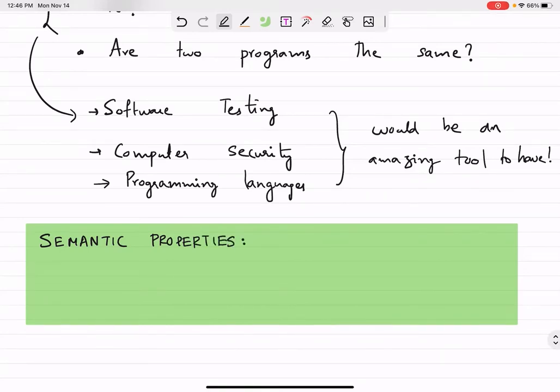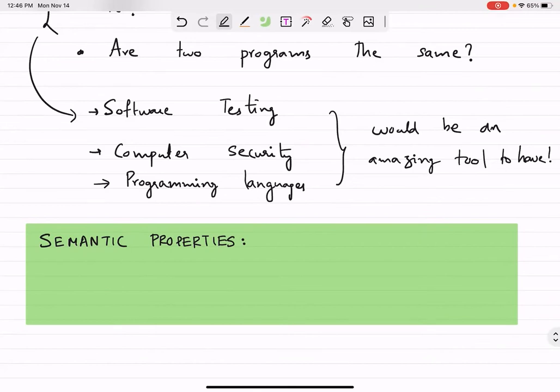Okay. So unlike syntax, which is whatever you're writing your code in, what variables you use, whether you have semicolons or something like that, semantics is supposed to be about what the program is computing. And semantic properties are those which exactly do that, which is they only depend on the input-output behavior of your program. Let me first state it informally, and then we'll define it formally as well.